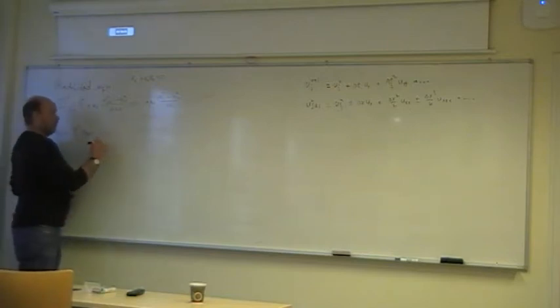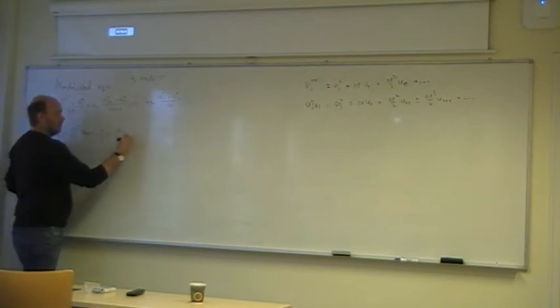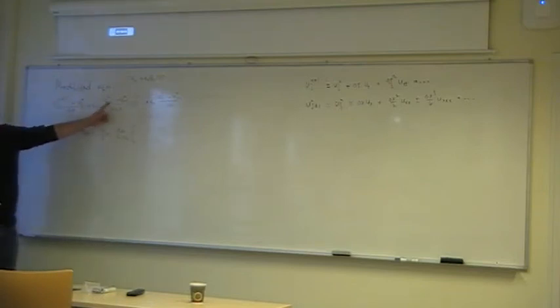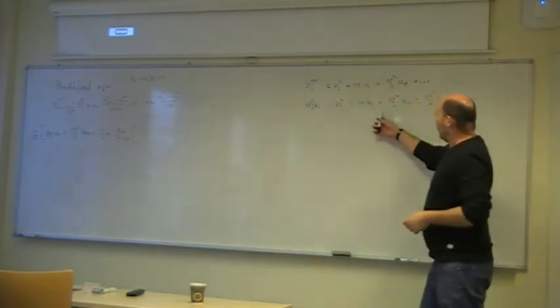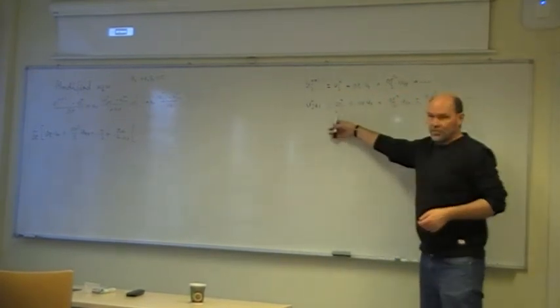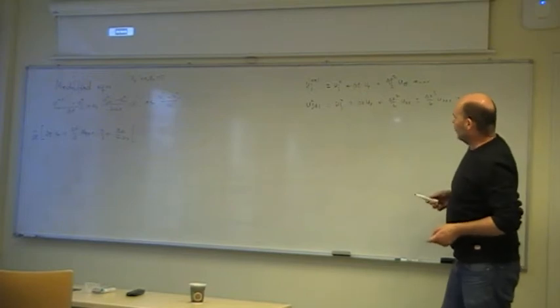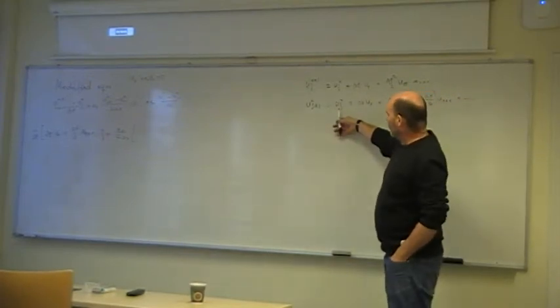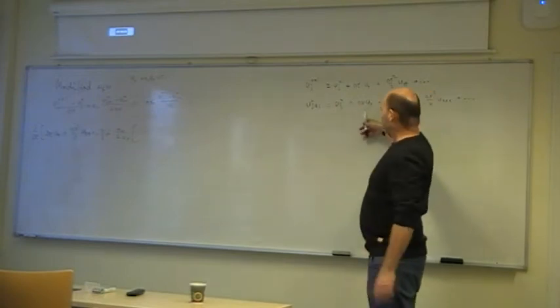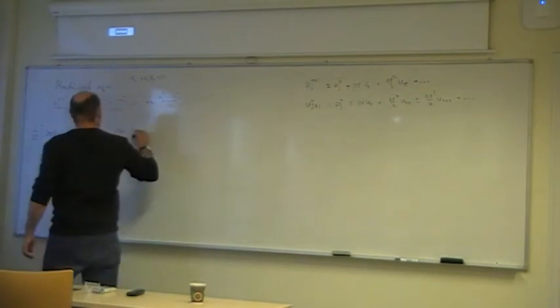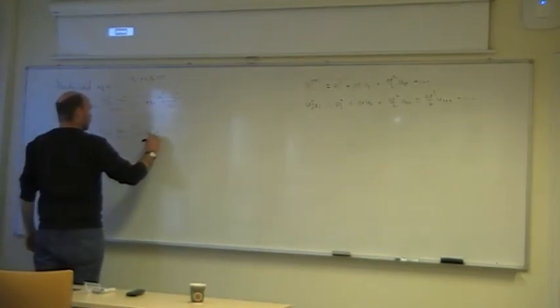Plus, then comes a 0 over 2 times delta x, and then what we get here. In the central scheme, I have the difference between j plus 1 and j minus 1. So I should take the positive series minus the negative series. What do you get? Well, the center point will disappear. This one will survive. I will have the first one minus the second one, so I will have 2 of him, 2 delta x u_x.